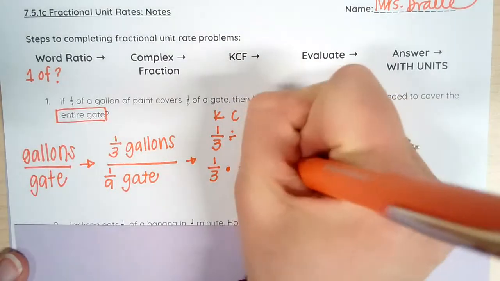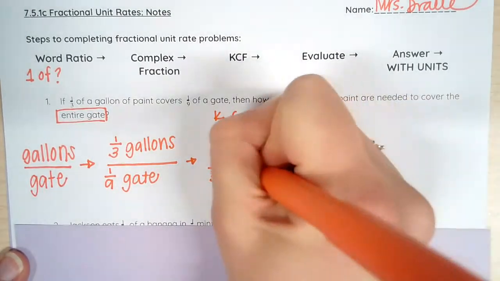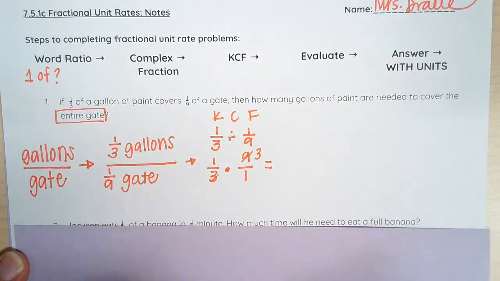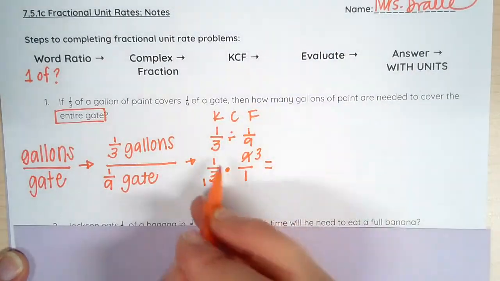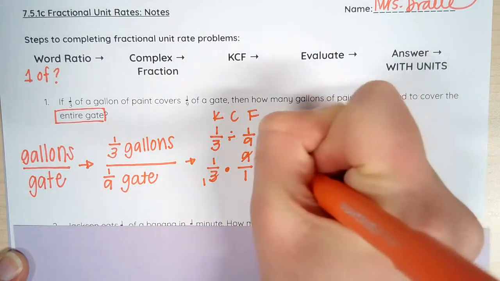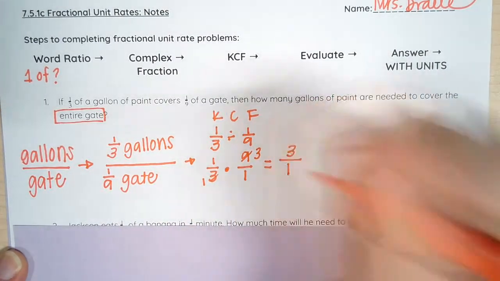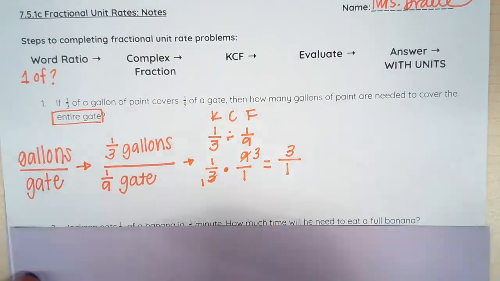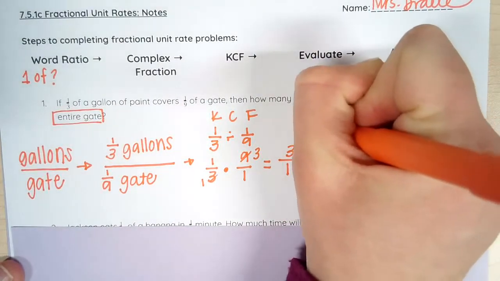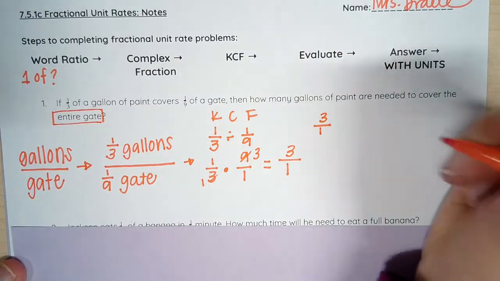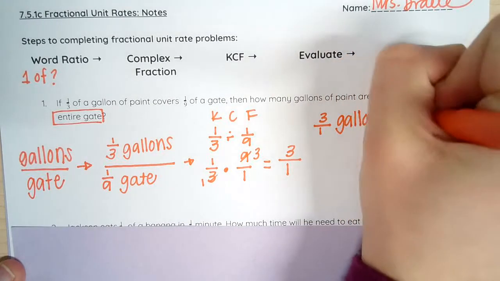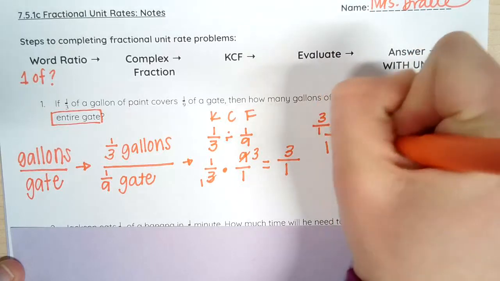Next up, I evaluate. So I can simplify. 9 divided by 3 is 3. 3 divided by 3 is 1. So 1 times 3 is 3. 1 times 1 is 1. This is the top part of my fraction. So I would say 3/1 gallons per one gate.